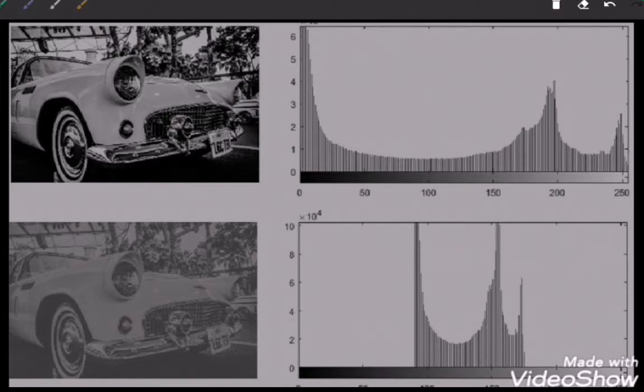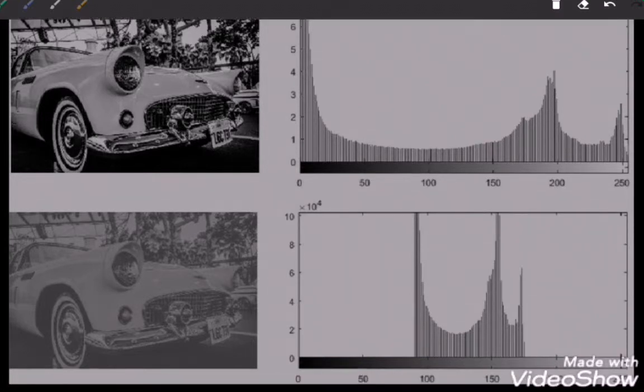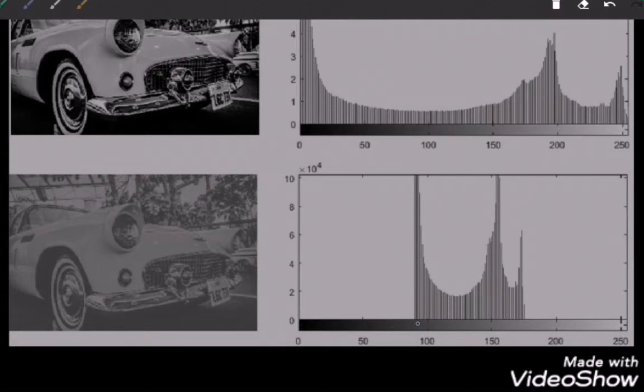So what we remark about these two images is that the histogram of the image with the best contrast is spread out over all the possible values of gray levels, whereas in an image with a bad contrast, the pixels tend to be clustered on a specific range.